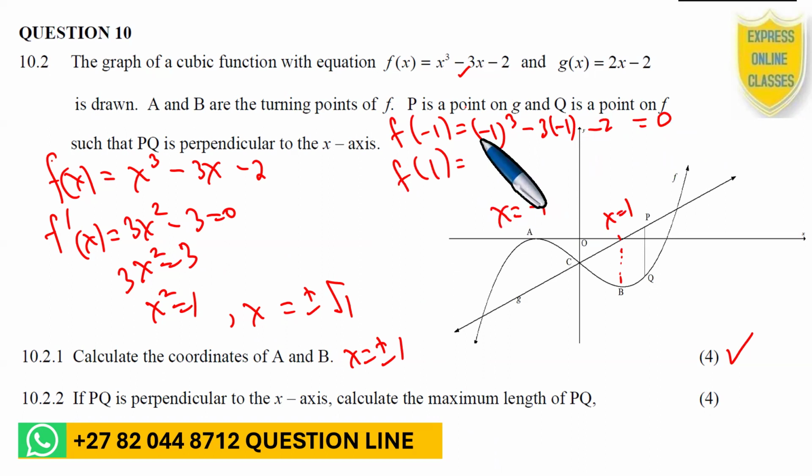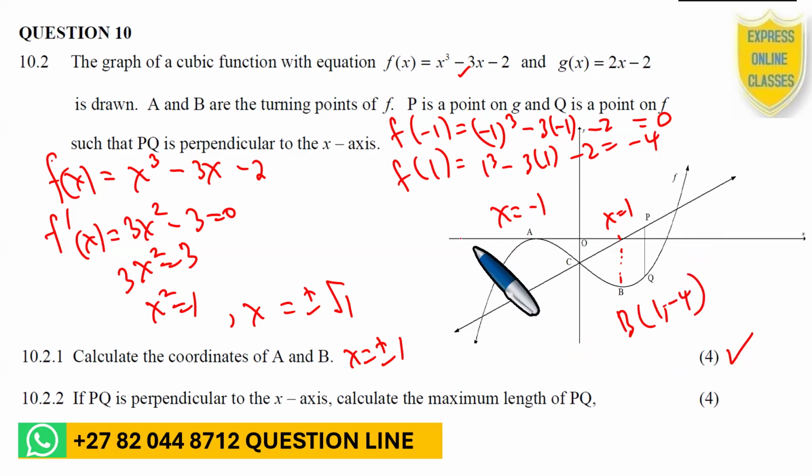And then we have f of 1, you put into the function, 1 cubed minus 3 by 1 minus 2, which is minus 4. X is 1, y is minus 4. X is minus 1, and y is 0. Calculate the coordinates of A and B. So we have found the coordinates of A and B.